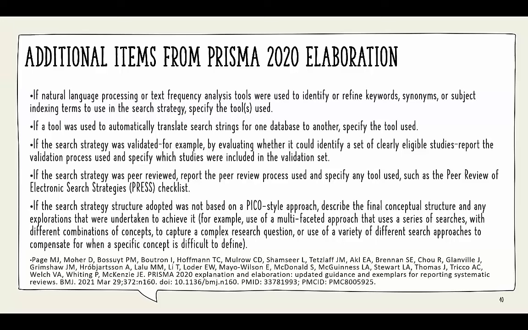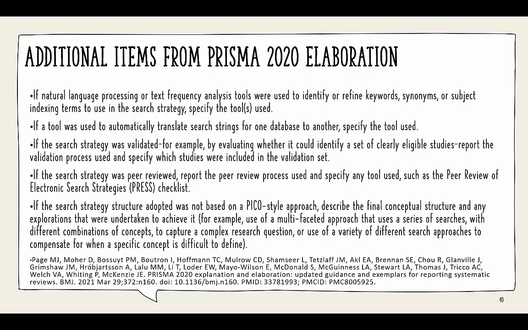I highlighted these ones because I felt like I didn't necessarily see these fully covered in the PRISMA-S. And the other thing to remember is that PRISMA-S came out right before PRISMA 2020 was launched.